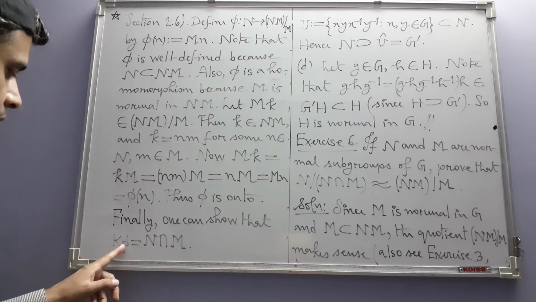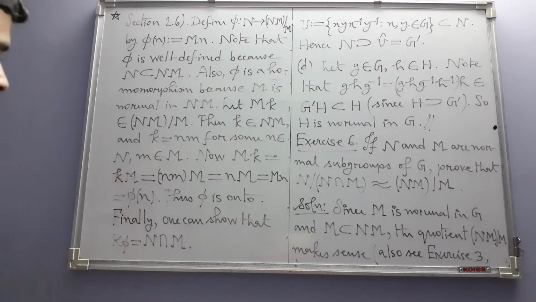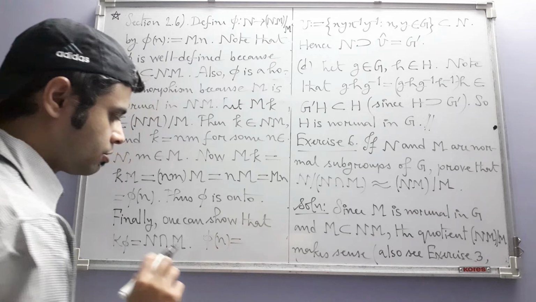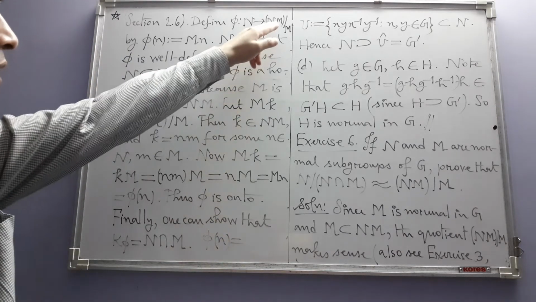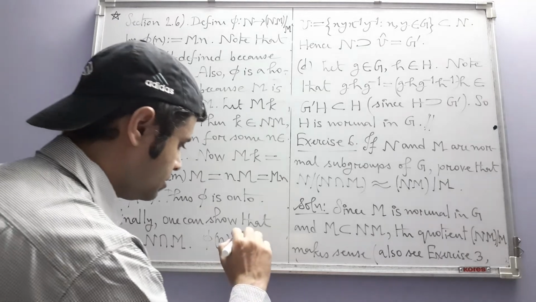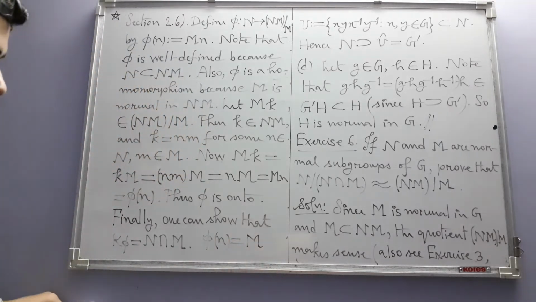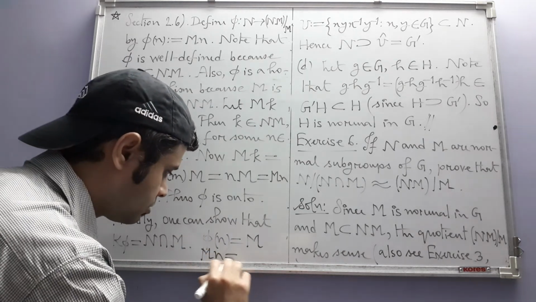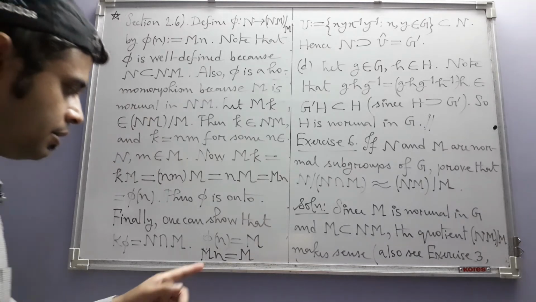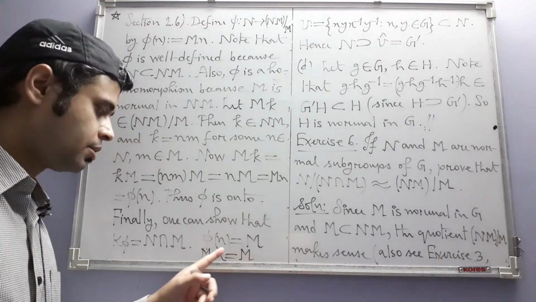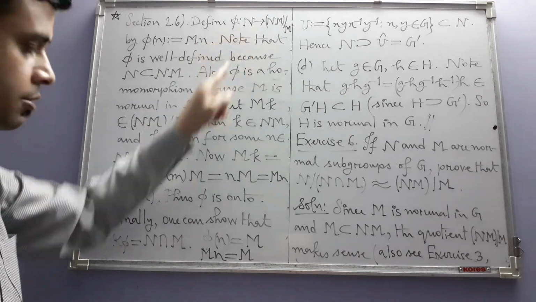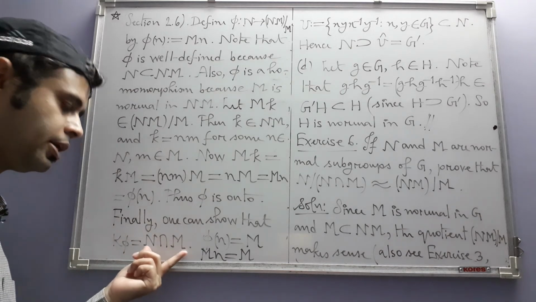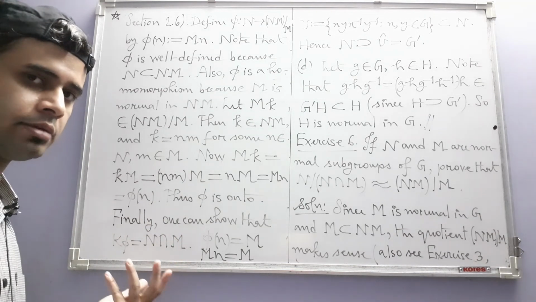You take any element in the kernel, that element n should give you the identity element of this quotient, which is M. Now by definition this is Mn, so Mn should be equal to M. That means n should belong to M, but n is already coming from N, so n will belong to both M as well as N, hence n belongs to their intersection. The converse also can be similarly shown.